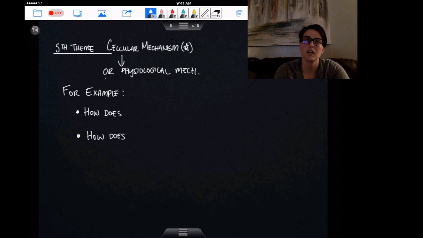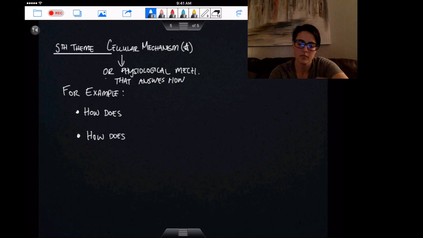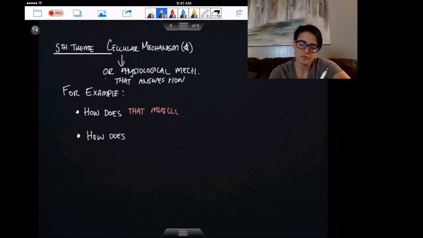Okay, so let me say that again. So a cellular mechanism or physiological mechanism that answers how. For example, let me ask you, how does that muscle contract? So how do we make a muscle contract?